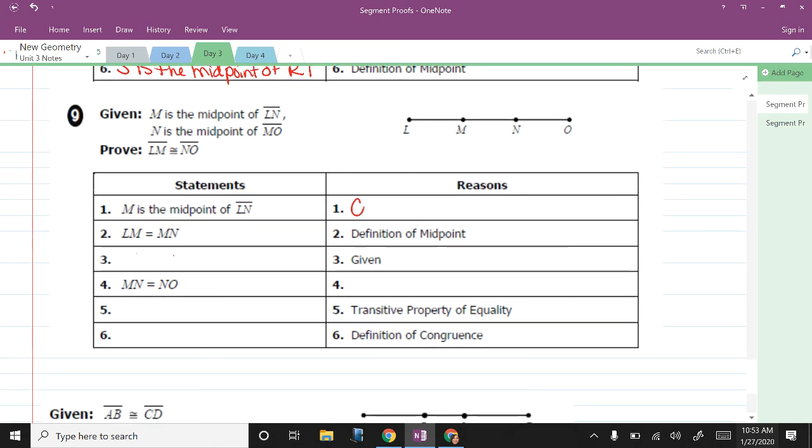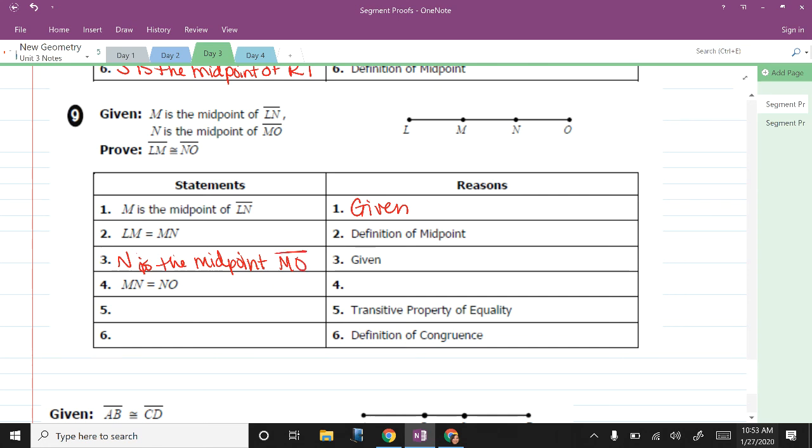That is given. Where did they list the second given? 3. So my third statement is going to be, write that down for your third one. That one's also given.